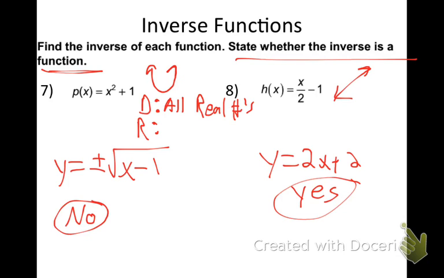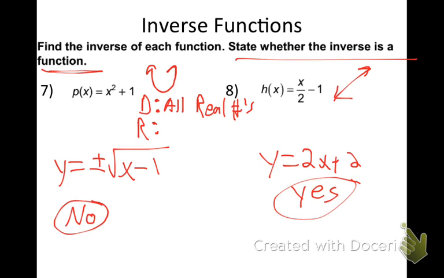Now my range. If I put in all real numbers, what happens when I put in, let's say, 0? What do I get? 1, right? If I put in a positive 100, do I get something back out? I'm talking about the original problem right here. Can I put a negative 100 there in the original problem?